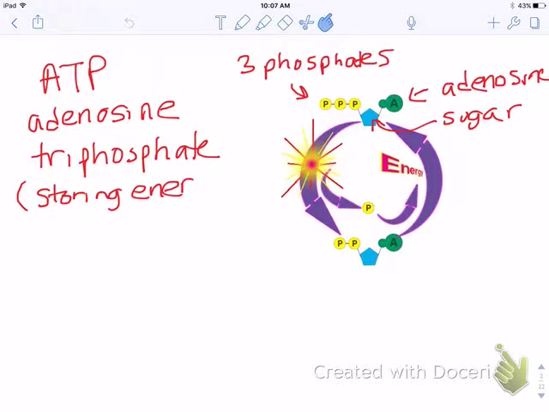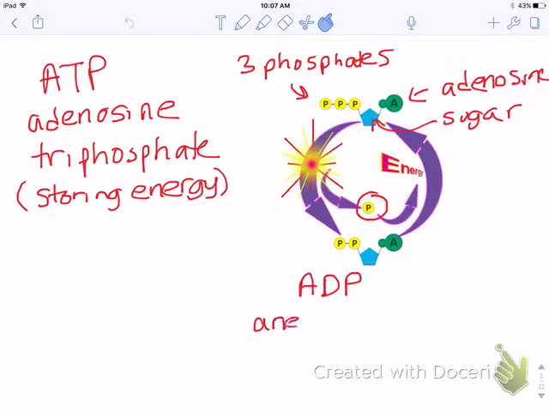When you do work, any of your muscle cells do work, or you do active transport, you end up releasing a phosphate right here. When you release a phosphate, your ATP becomes ADP.